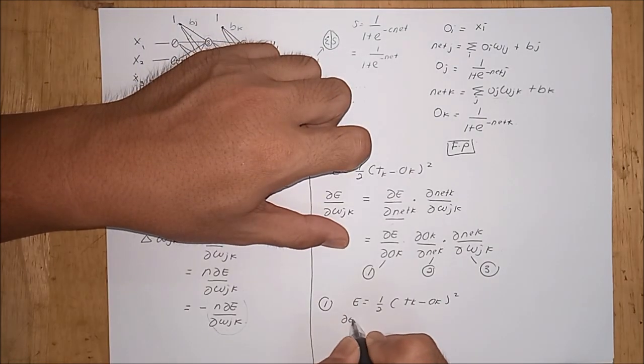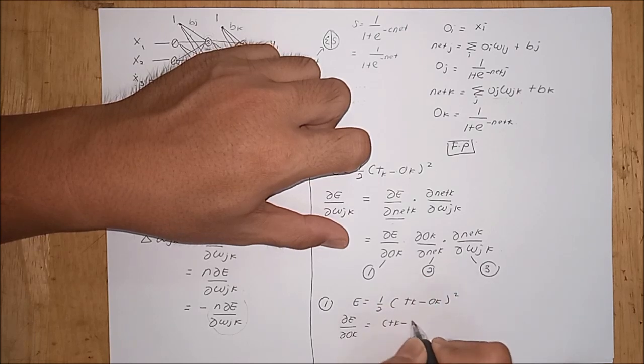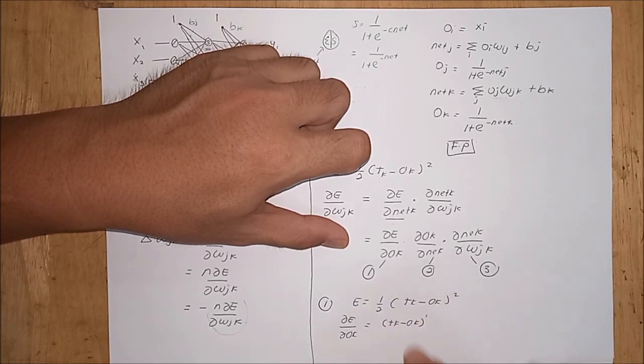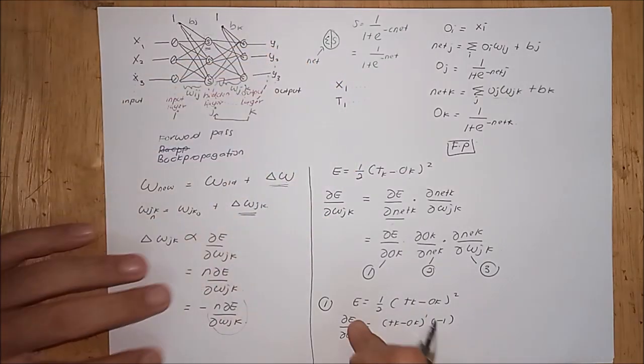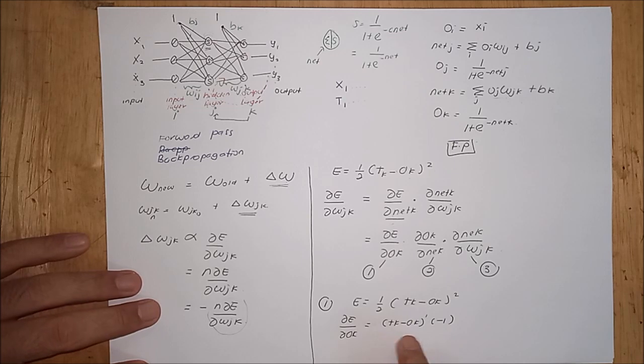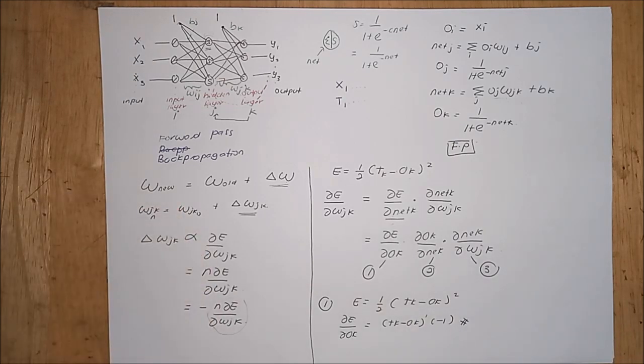So dE over dok can be defined as, we move the 2 in front over here, so it will become (tk minus ok) to the power of 1, and then we differentiate what is inside here. So dE over dok, for tk this thing will become 0, and this thing will become negative 1. So dE over dok equals negative (tk minus ok). So we are settled in terms of number 1.